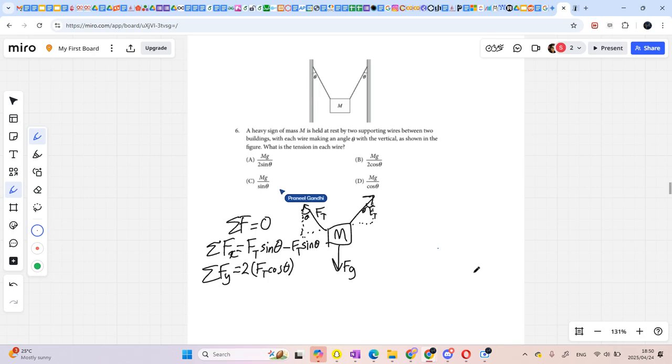Then minus the force of gravity because it's down, and this has to equal 0. Sorry if this is a bit crowded. So we have 2 FT cosine theta equals the force of gravity, which is just Mg, or sorry, capital M.